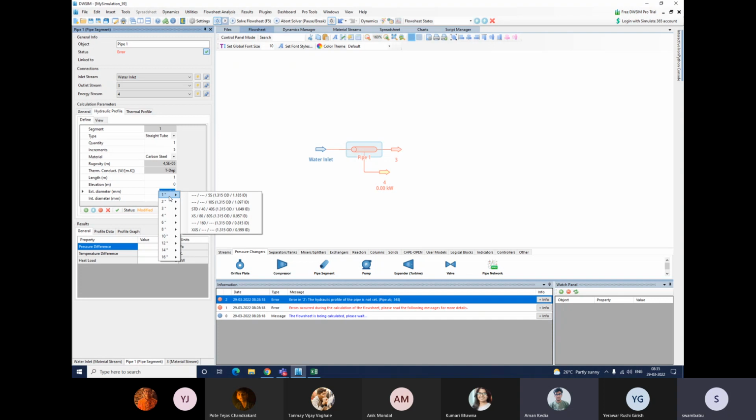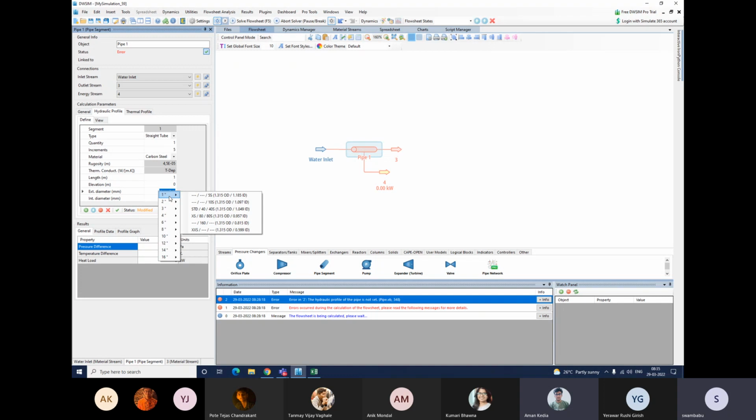The higher the schedule number, the higher the thickness of the pipe. For example, if you see here, schedule number 5S means the schedule number is 5. The outside diameter of a 1-inch pipe with schedule 5 is 1.315 inches and the inside diameter will be 1.185 inches. The outside diameter is constant for a 1-inch pipe, but depending upon the schedule number, the inside diameter varies.